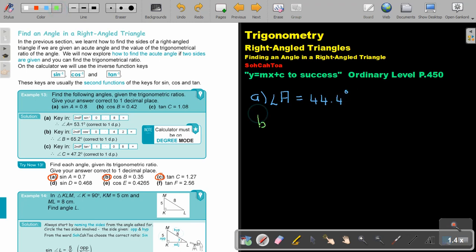So if I look at B, so again, shift cos or second function cos 0.35 equals, and then angle B will be equal to 69.5 degrees. And then the next one, number C, so it's again shift or second function, tan 1.27 equals, so angle C is equal to 51.8 degrees. Okay, let's move on.